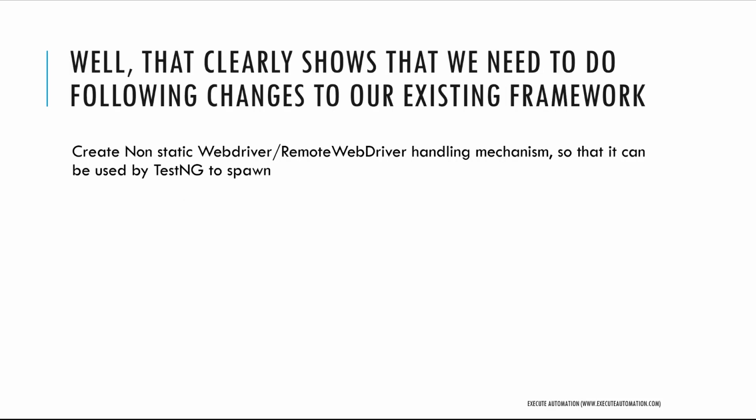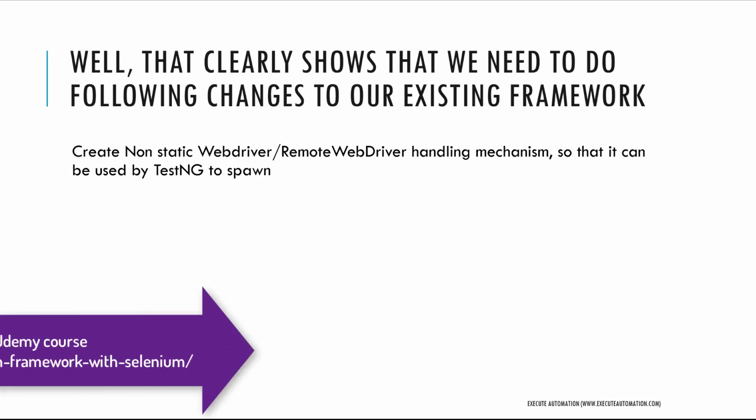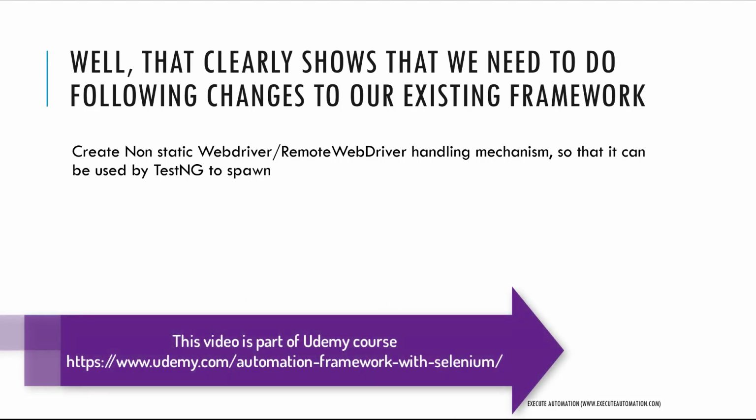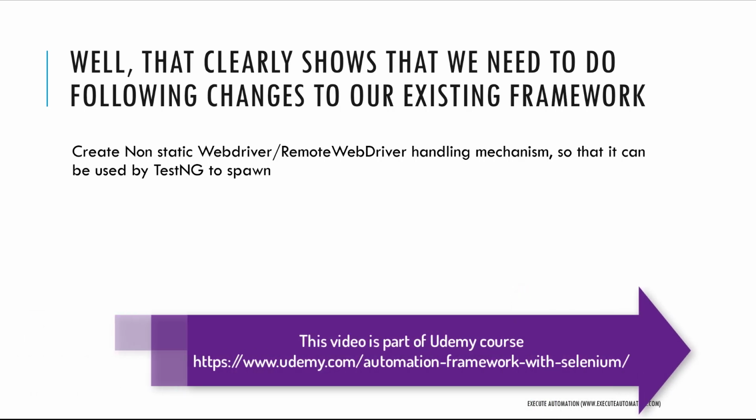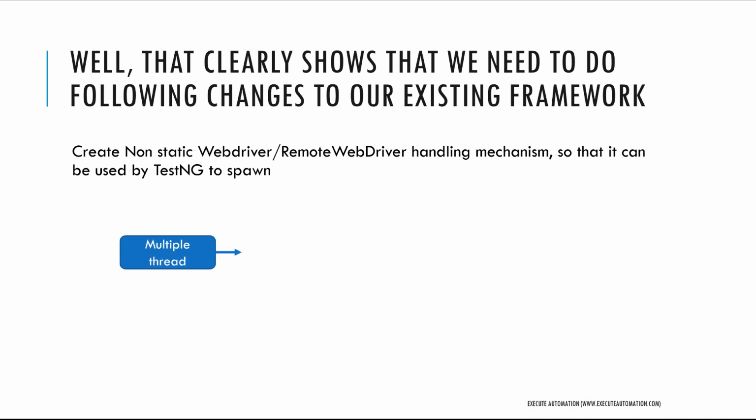Well, that clearly shows that we need to make the following changes to our existing framework. We need to create a non-static WebDriver or remote WebDriver handling mechanism so that it can be used by TestNG to spawn multiple threads, right?